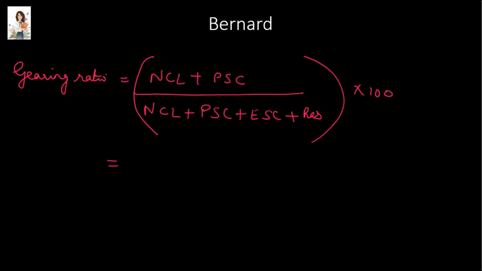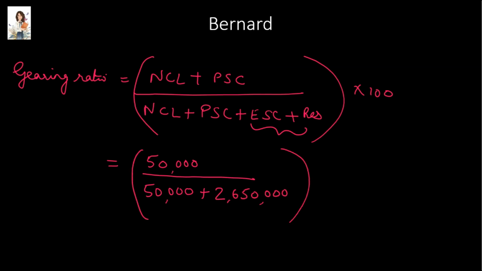We will use these figures to find out our gearing ratio. Non-current liabilities are $500,000 of debentures, no preference share capital, again $500,000 of debentures, plus equity share capital and reserves we have already seen. The total is $2,650,000. The whole thing multiplied into 100. That will give us 15.9%.